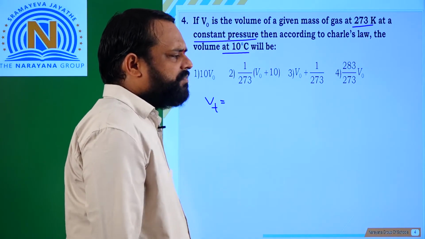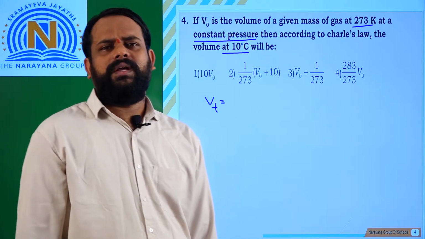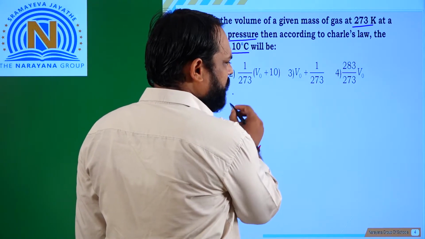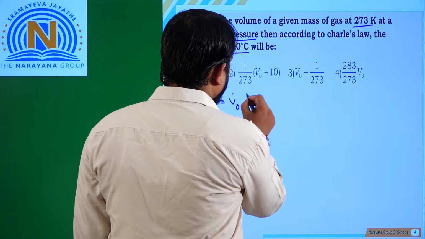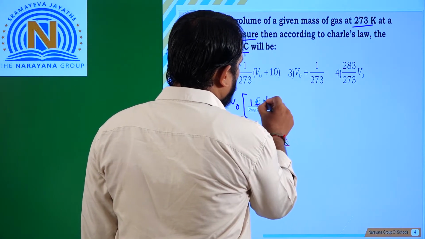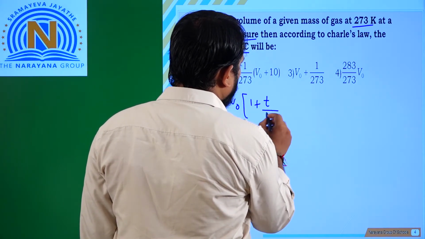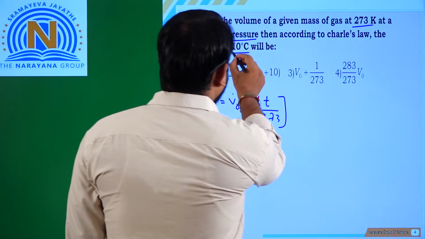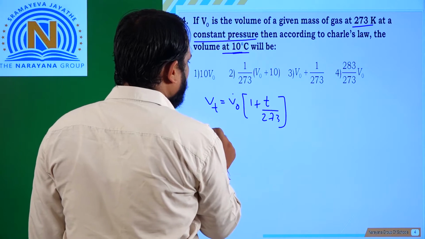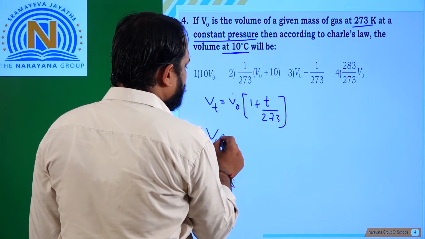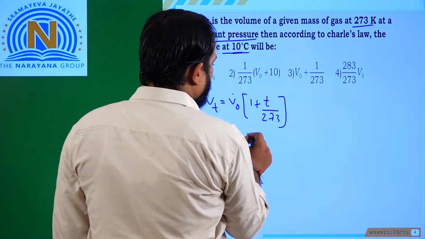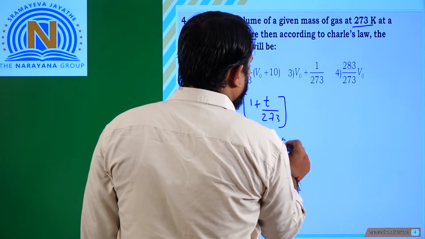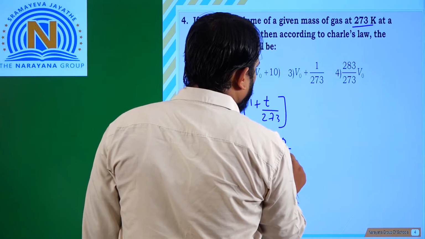Vt is equal to V naught into 1 plus T by 273. So here what is T? 10 degrees Celsius. So V at 10 degrees Celsius is equal to V naught into 1 plus 10 by 273.